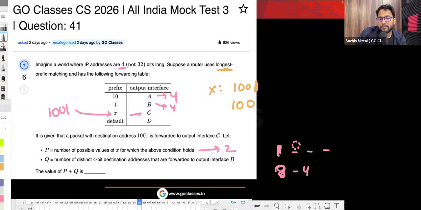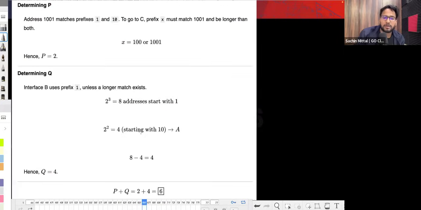will be forwarded to B. Don't worry about C and D for this part, because C is actually the longer one, which is 100. So 8 minus 4 gives 4 addresses which will be forwarded to B. The number of possible values of X is 2, so P plus Q is 2 plus 4, which is 6.